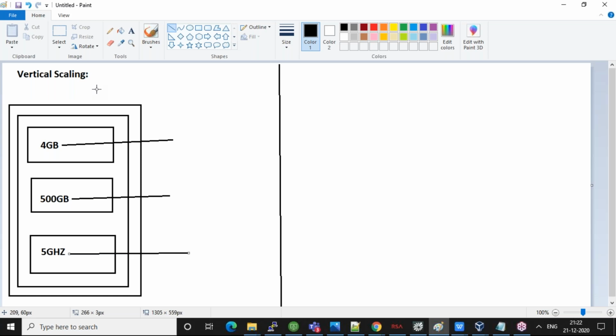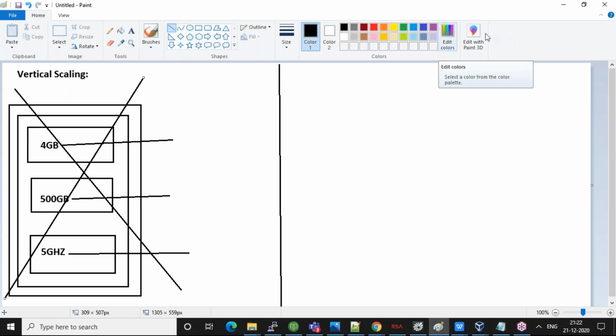Because for each and every system we have some limitations. Up to this size only we can increase, after that we can't. So that's why we can't use vertical scaling to process and store a huge volume of data, that is big data.